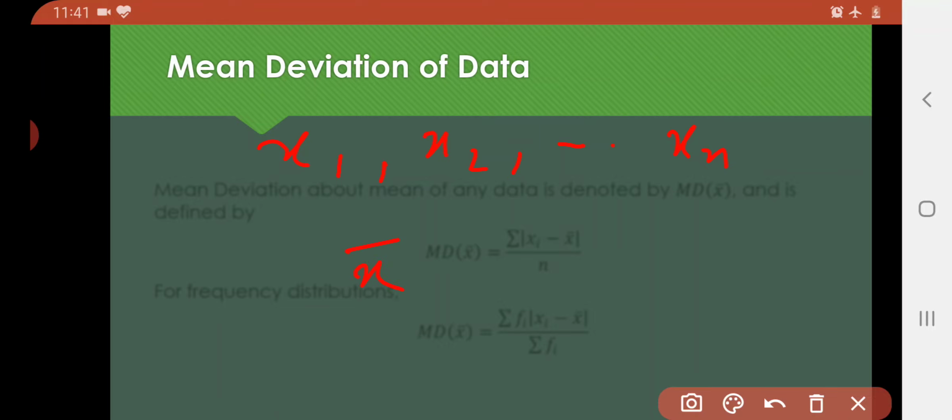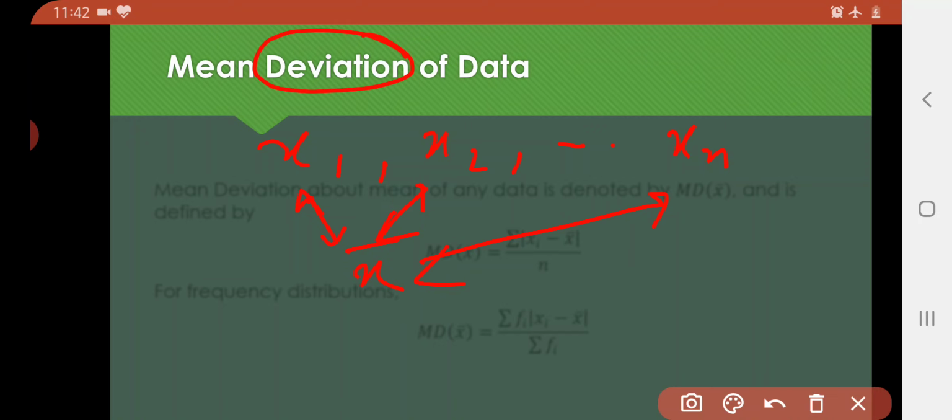Now by the word deviation it means how much the values are deviated, how much the values are different from the mean. So we need to find the difference between all these values and the mean, and find their average. Whatever value we get, we call that the mean deviation.